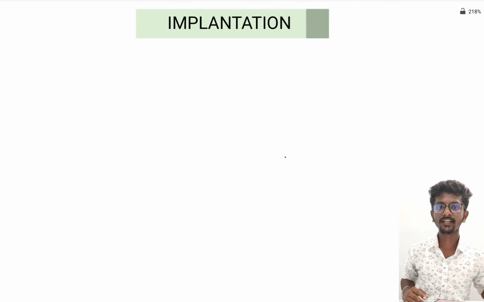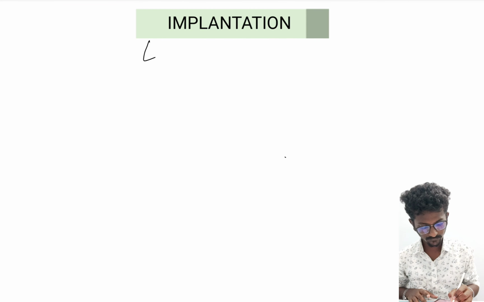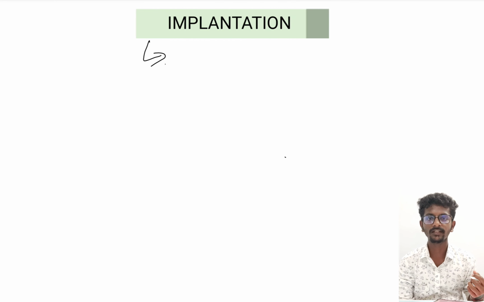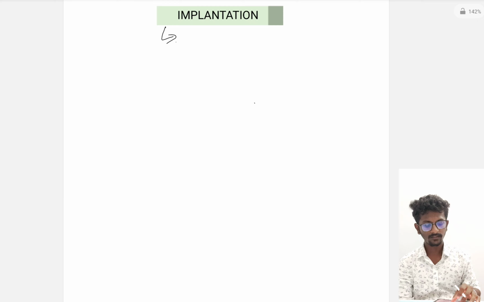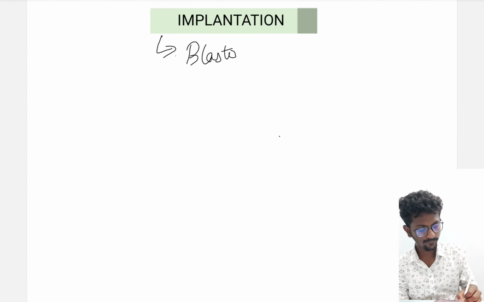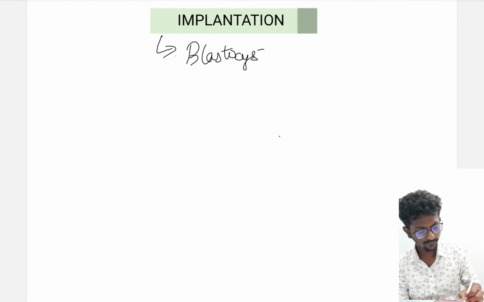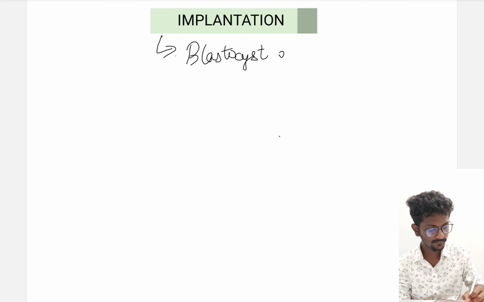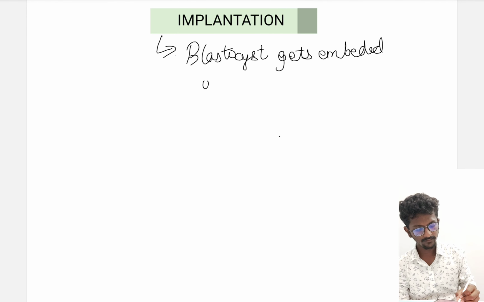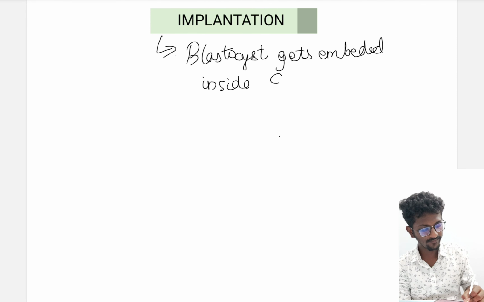So today we'll be learning about implantation. So what actually is implantation? Implantation means the blastocyst stage that we got on the 5th day of development gets embedded inside the endometrium.